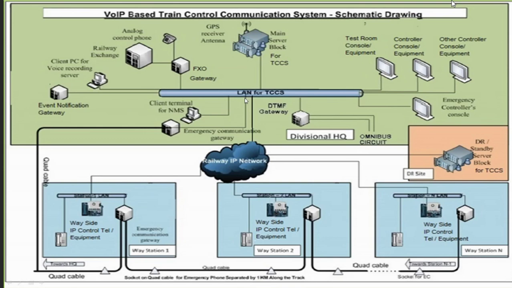Similarly, simultaneously, the controller also has clear information on his display screen. The indication boards and the announcement system at your way stations for passengers will also be supplied with real-time information. Normal course you will give it manually. So there may be a delay in getting the information and displaying it in the display boards, or announcing in the announcement speakers.